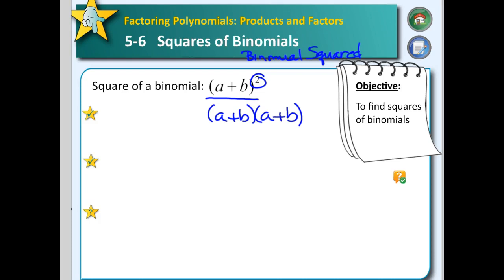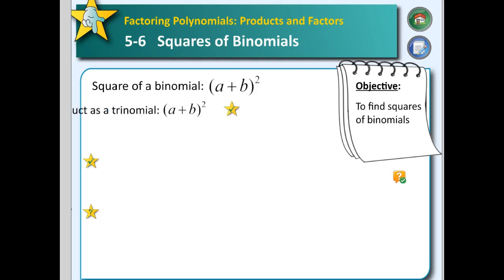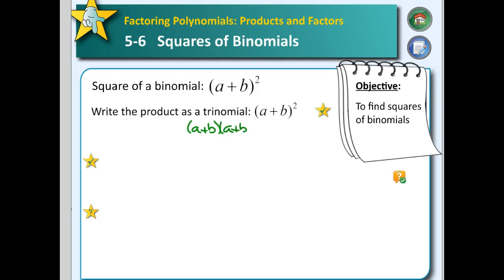Okay, so let me get rid of this. And now, if we look here, how would we write that as a product? Now remember, product means multiplication. So if we went the old-fashioned way and foiled it, we'd have a plus b times a plus b.